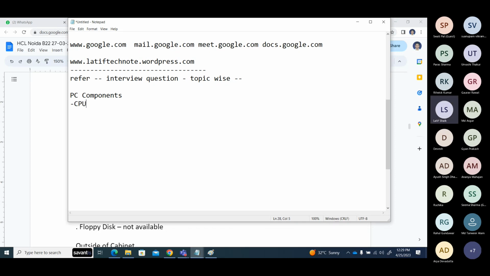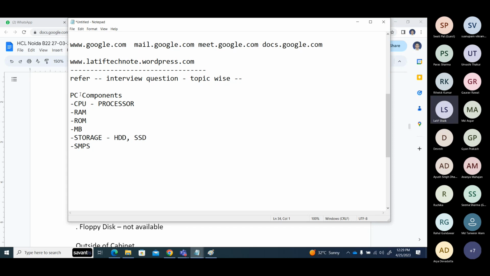Generally, CPU, central processing unit, which we call the processor, RAM, ROM, motherboard, SMPS, and storage, either hard disk or SSD, or both.